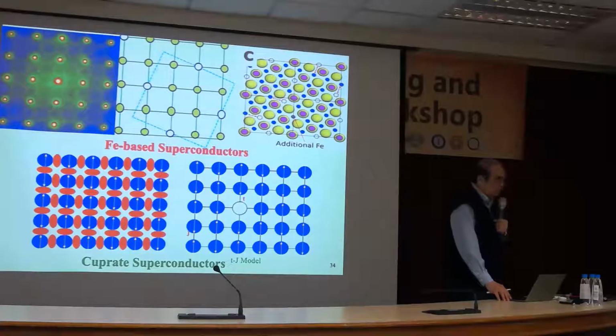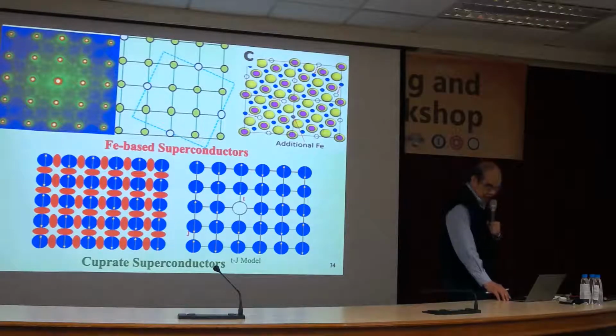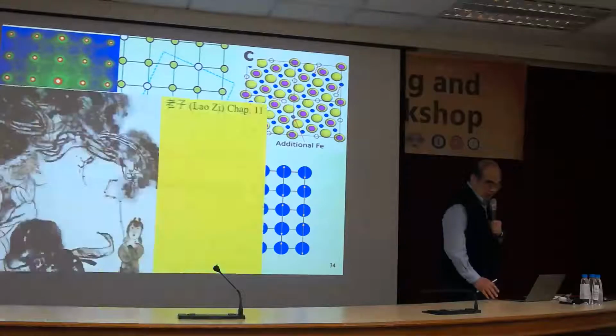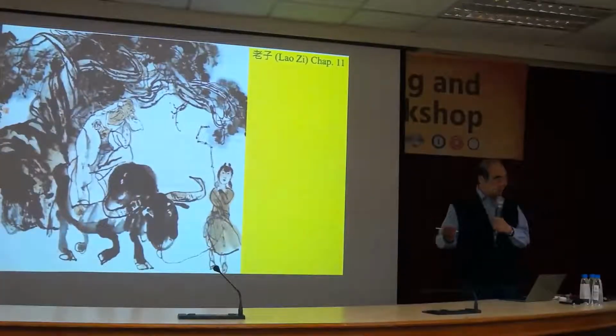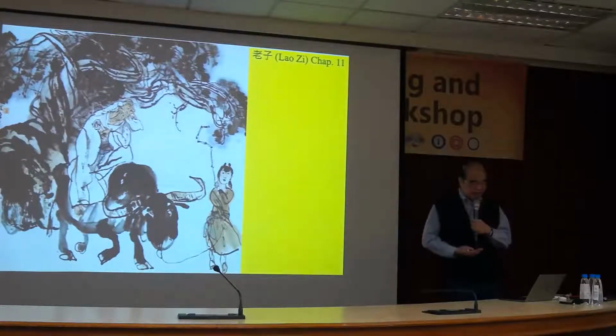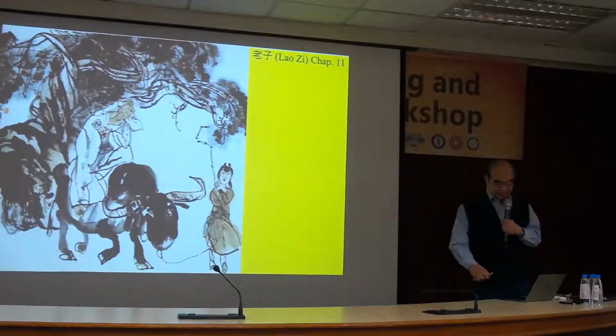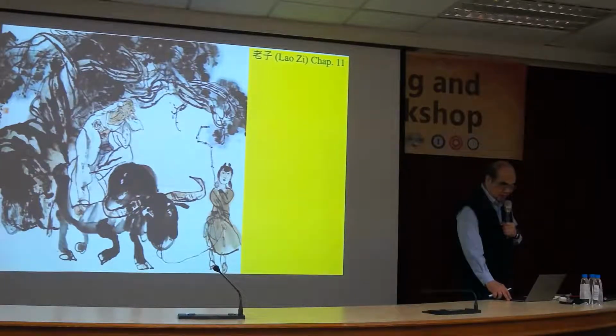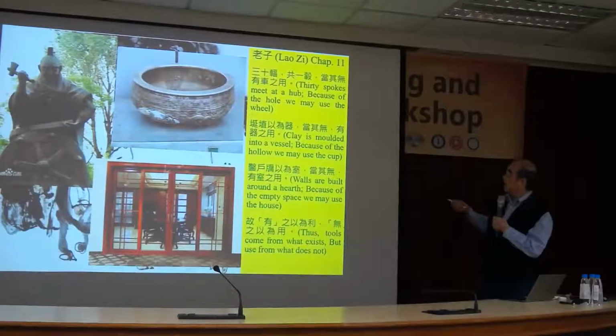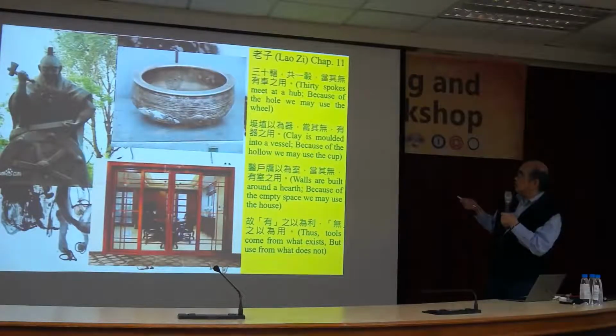Well, this reminds me of a very interesting old Chinese philosophy. More than 2,000 years ago, the philosopher Laozi wrote in chapter 11: thirty spokes meet at a hub, but because of the hole, we may use the wheel.